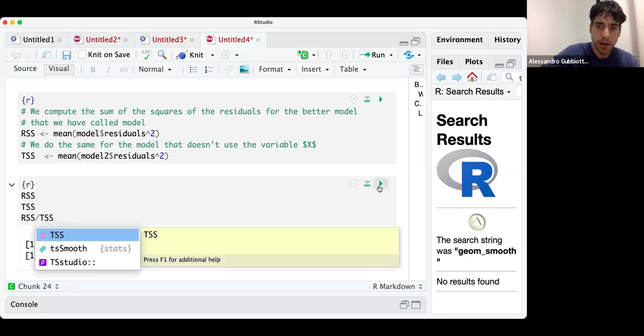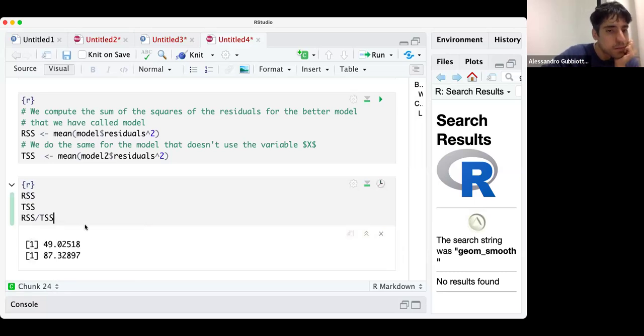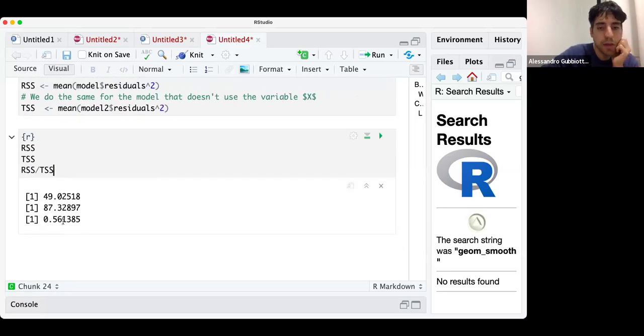But we can compute the division. We can divide them: 0.56. Now, if this were equal to 1, this would mean that putting a slope doesn't really improve anything. Instead, the nearer to 0 this number is, the better the model.